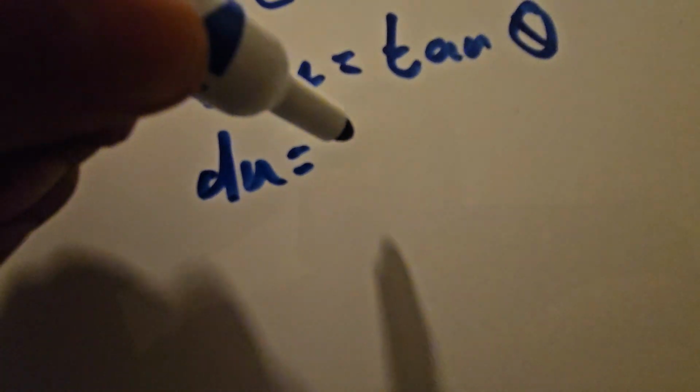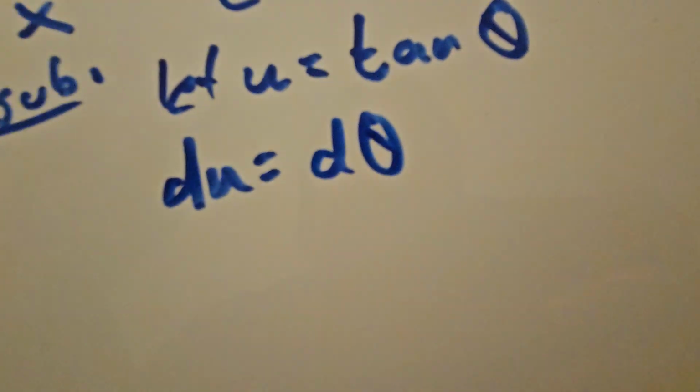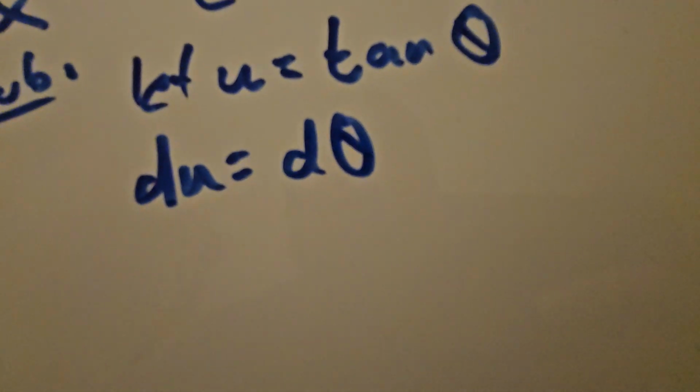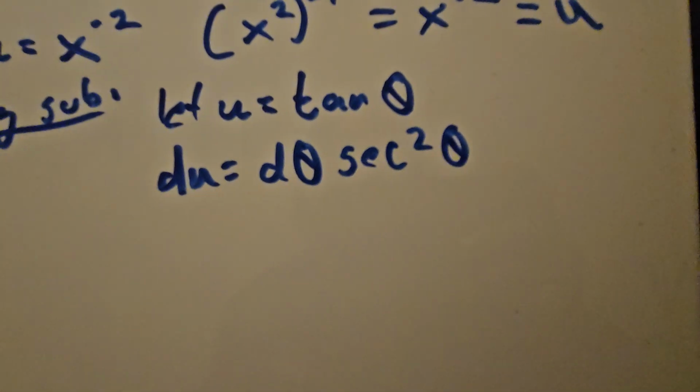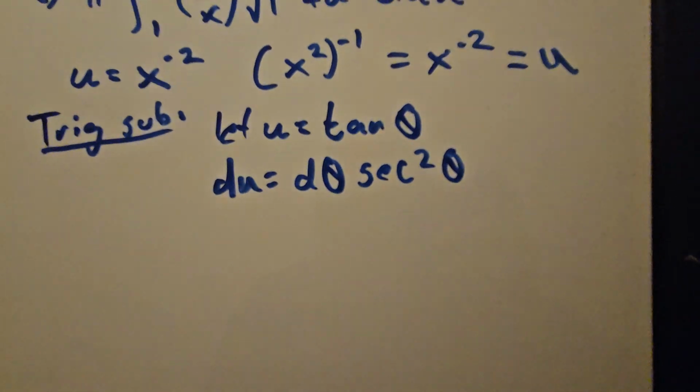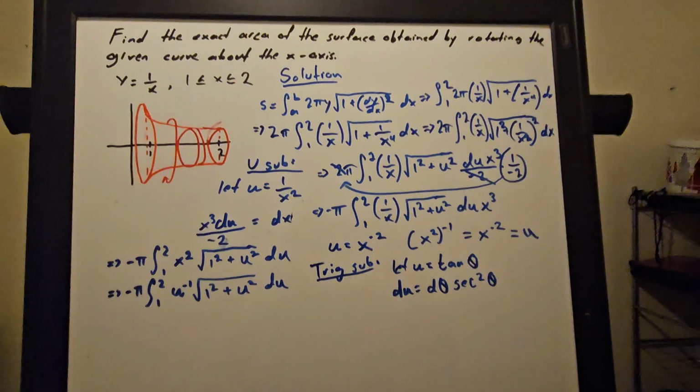Now, our du is going to equal d theta times the derivative of tangent theta, which is secant squared theta. That is the derivative of tangent theta, secant squared theta. So that's what we got so far.